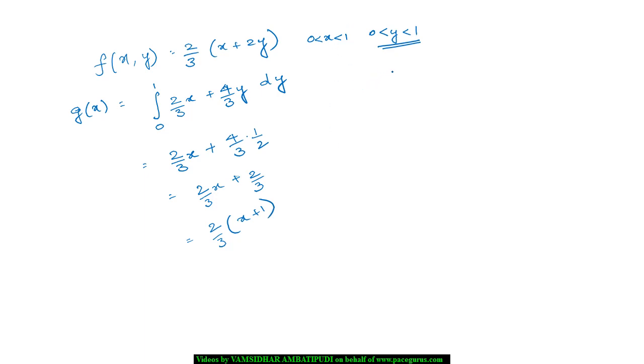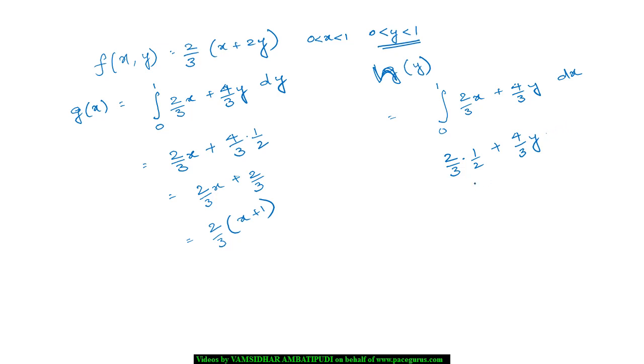Similarly, when I want to find the marginal density function, let me use another function, h of y. So I'll integrate it for all x, from 0 to 1, 2 by 3x plus 4 by 3y. This time I'm integrating with respect to x. So it is 2 by 3 times x squared by 2, which is 1 by 2, plus 4 by 3y times x, which is 1.